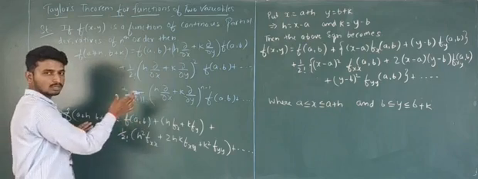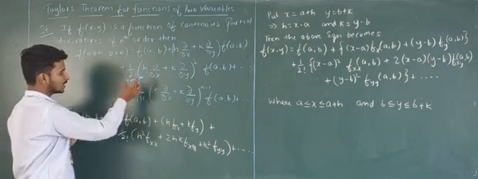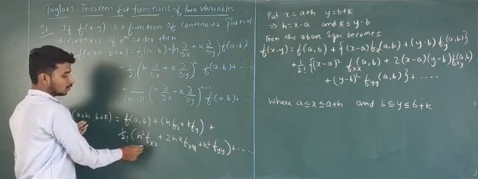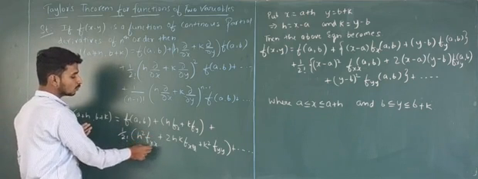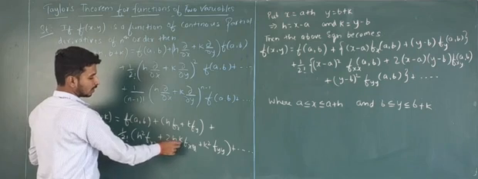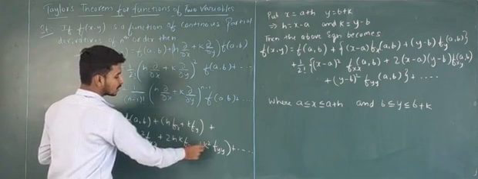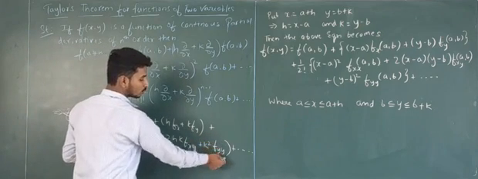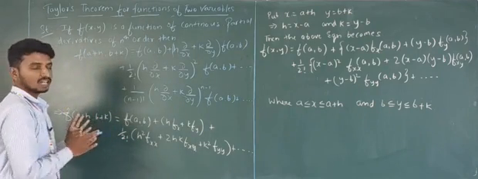This follows the a plus b whole square formula, so it is applied here: h square, function two times with respect to x, plus 2 into h into k, function with respect to x and with respect to y, plus k square, function two times with respect to y, plus so on. So this is the given equation.